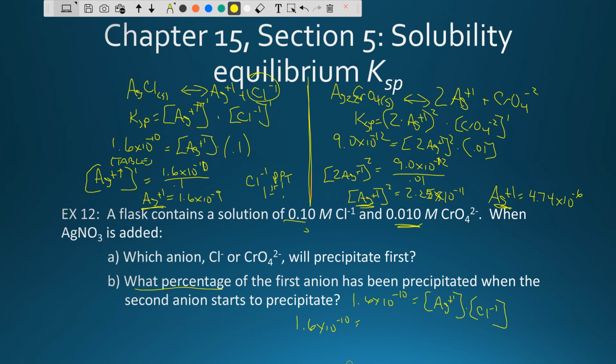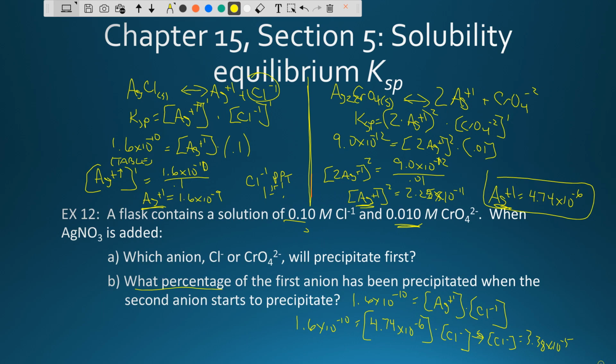Well, I'm going to use my second value to precipitate that out. I have more of that, so 4.74 times 10 to the negative 6 times my chloride. That will give me my chloride then being 3.38 times 10 to the negative 5.